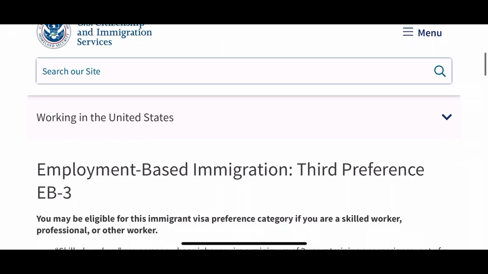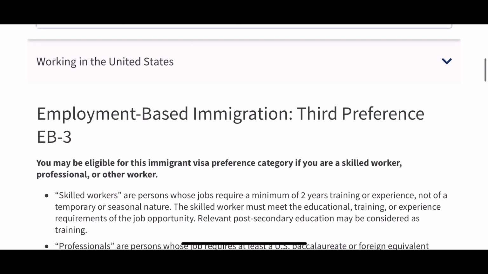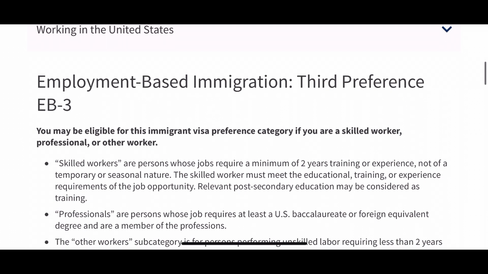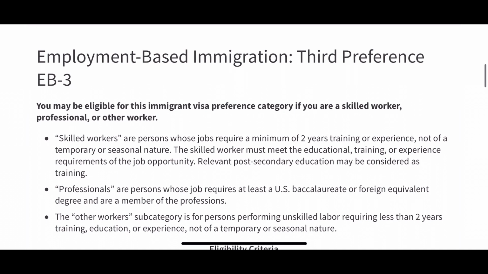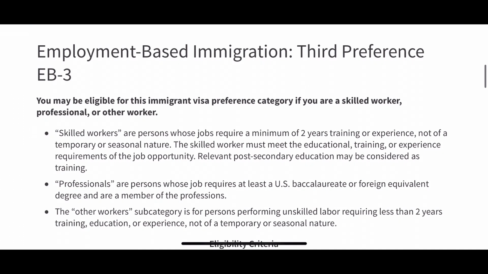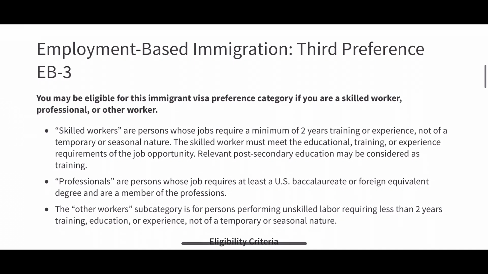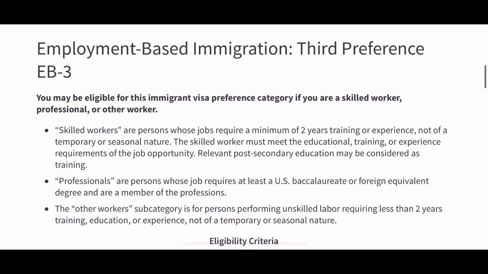As a professional, again, you need that labor certification and a permanent full-time job offer. Simply put, all categories of EB3 require a labor certification and a permanent full-time job offer from a United States employer. I did mention that I'm going to talk more about the labor certification in a different video, so stay tuned for that.